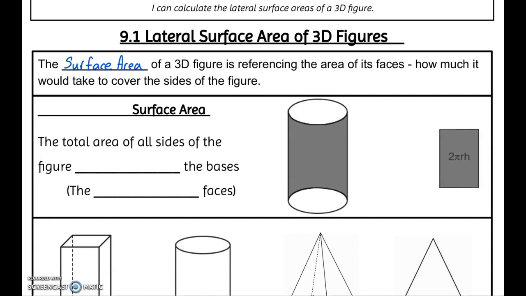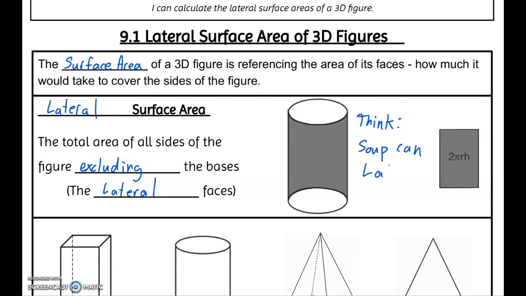Okay? Well, lateral surface area is the total area of all sides of the figure, excluding, which means not including, the bases. So what it isn't including is the lateral faces. Okay? So when you think about this, what I want you to think about is a soup can label.